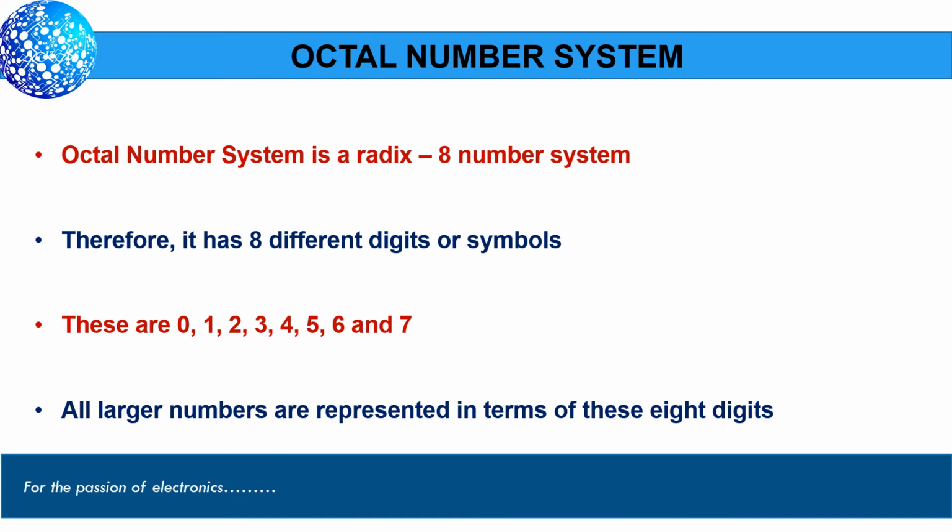The octal number system is referred to as a radix 8 number system as we have 8 different digits or symbols. These are 0, 1, 2, 3, 4, 5, 6 and 7. And all the larger numbers are represented in terms of these 8 digits.